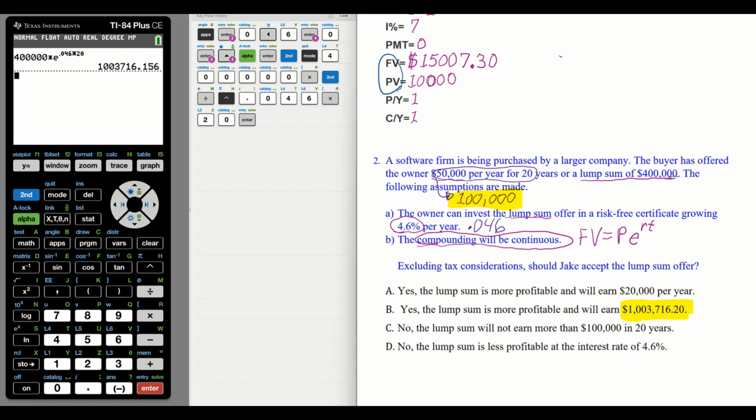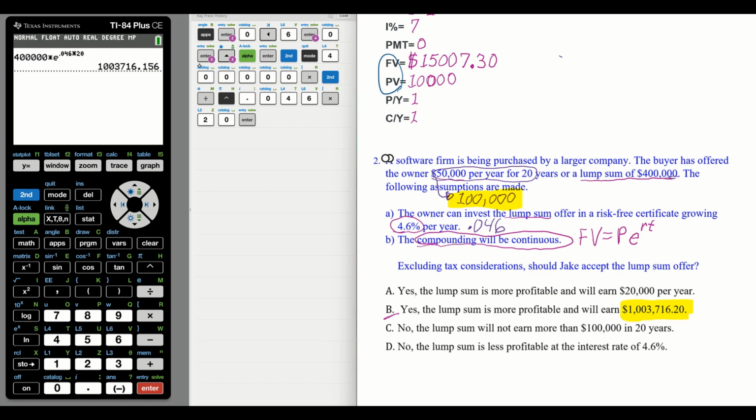Definitely more. Now, I see that in option B right here. We're going to go ahead and look at the other items. I'm kind of looking at them. I'm thinking they don't make sense. For right now, we're going to say, hey, B's probably it. But A says that we're going to take it because the lump sum is more profitable and will earn $20,000 a year.